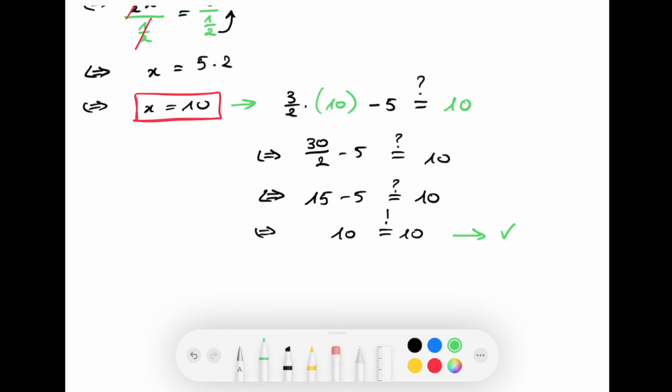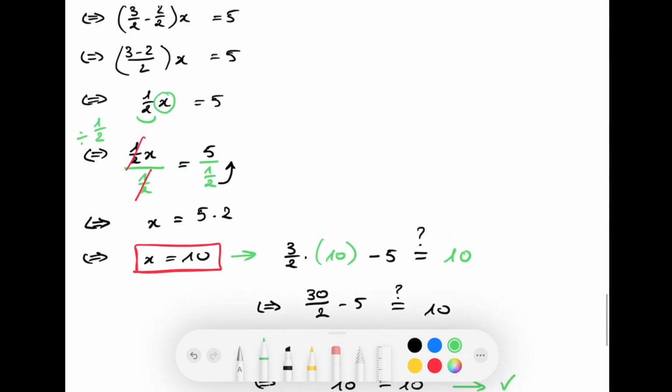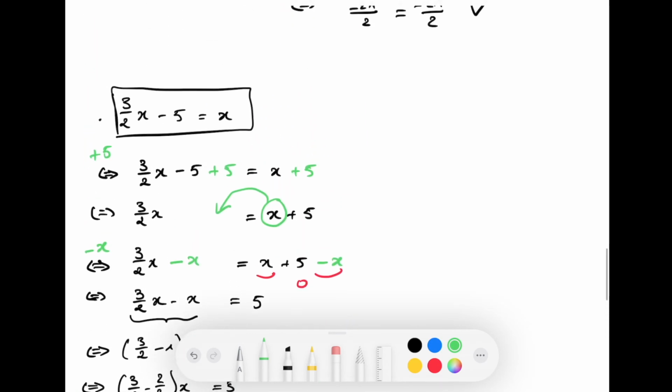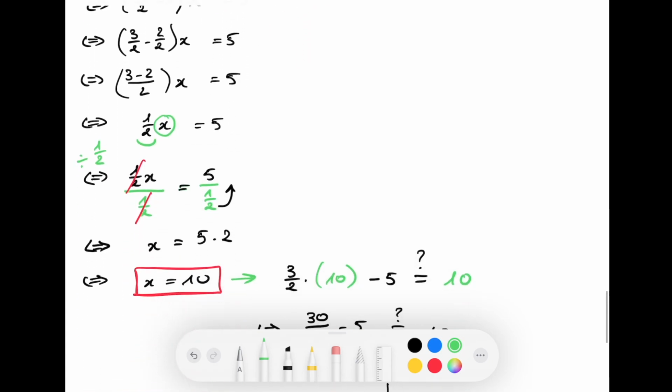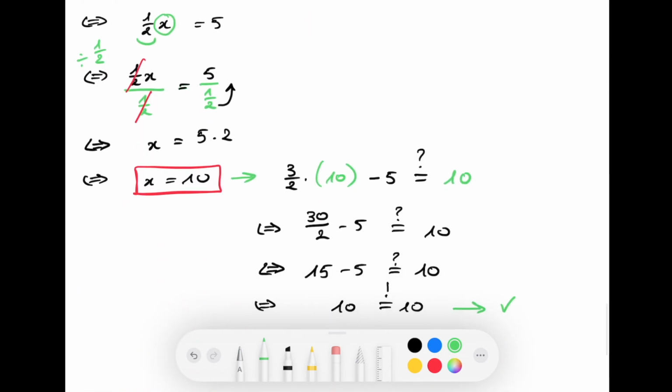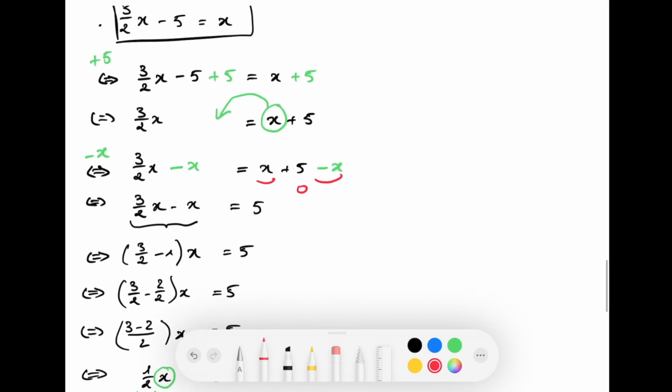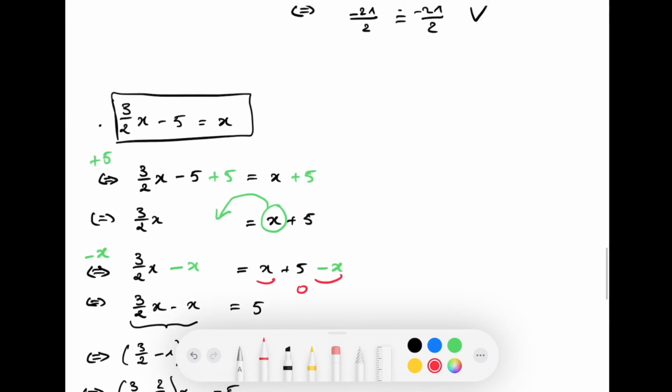So that's basically the way you should go about solving these problems. You first want to get all of the x expressions on the left-hand side of the equation and all of the number expressions on the right-hand side, and then just try to get the answer by basic algebraic manipulations all the way to having x is equal to whatever number. And it's very important in these exercises not to lose track of what you're doing.